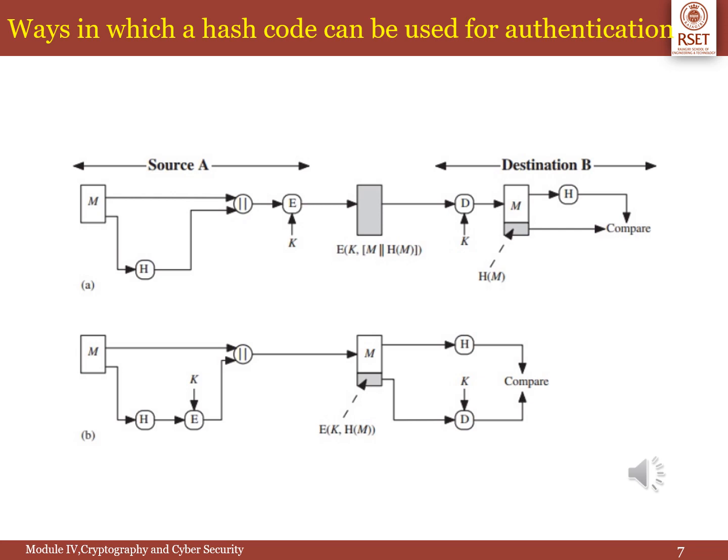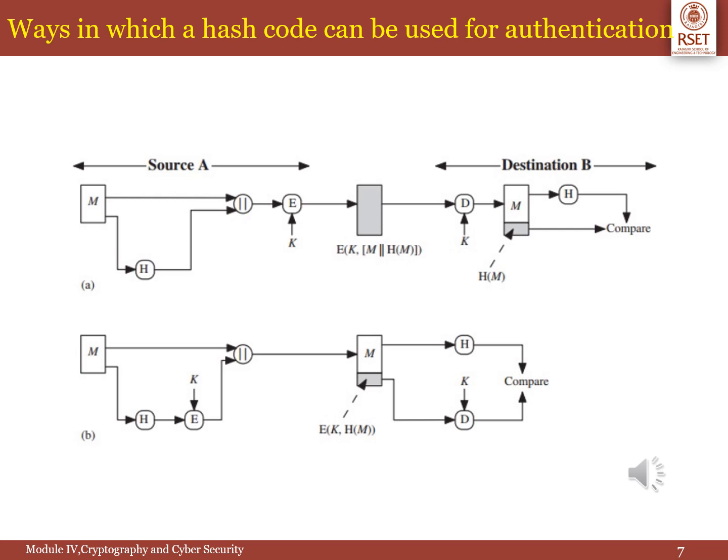Now, let us see the various ways in which the hash code can be used to provide message authentication. In the first scenario, you find the hash value from the message. The message and the hash value are concatenated and encrypted using the key.